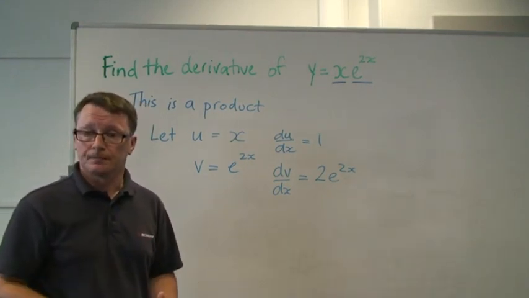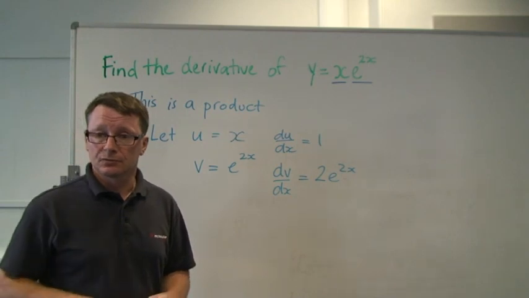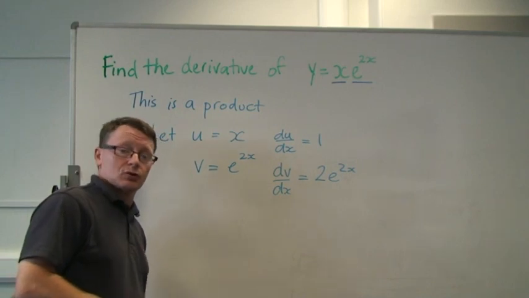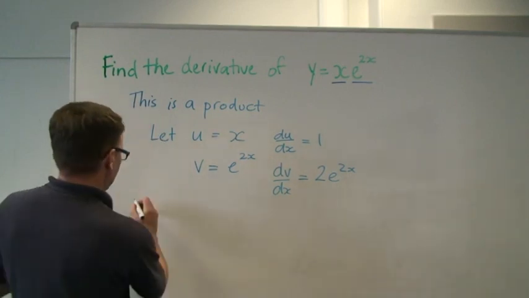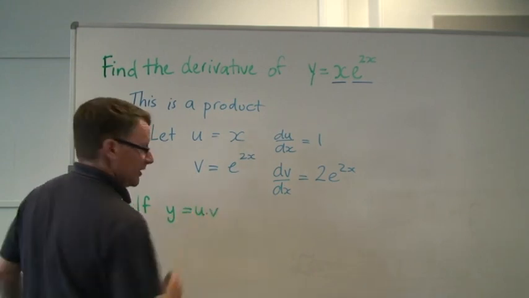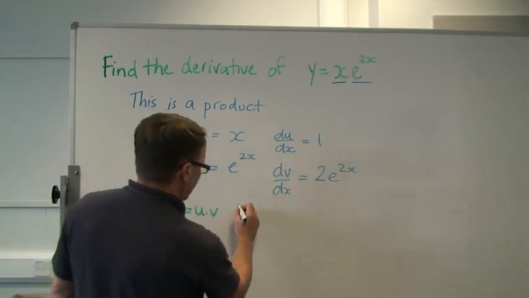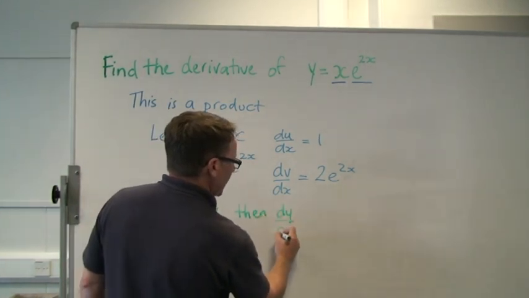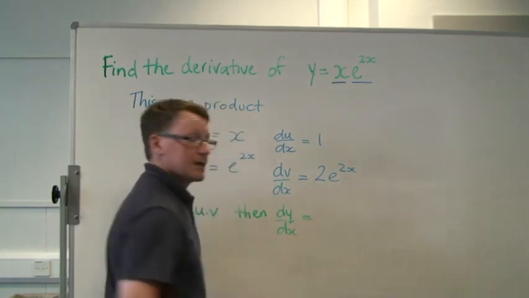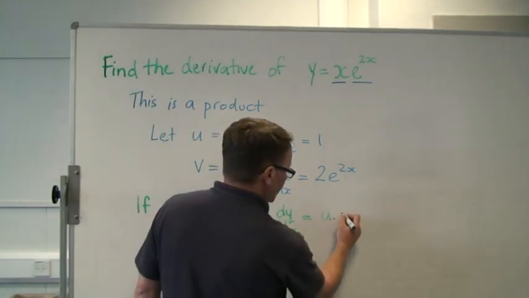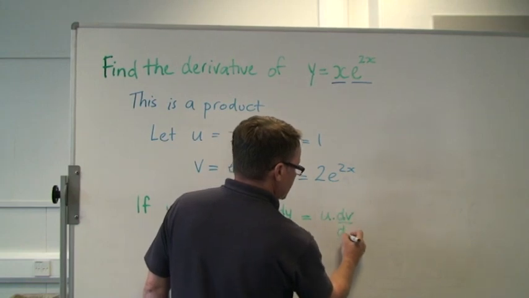Once you've done that, it's just a case of taking what you've calculated and substituting it into the product rule. Now, in case you've forgotten, I'll just write down what the product rule is. The product rule is, if y equals u times v, then dy by dx is equal to u times dv by dx.